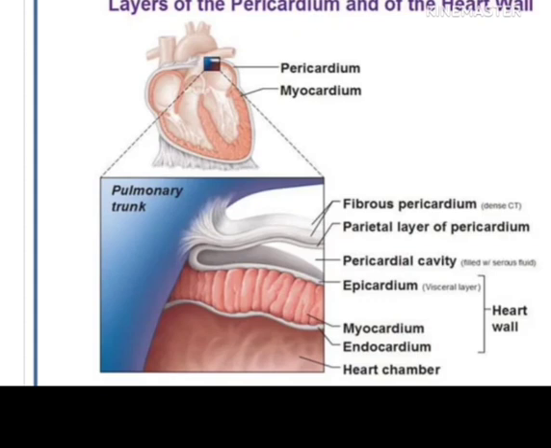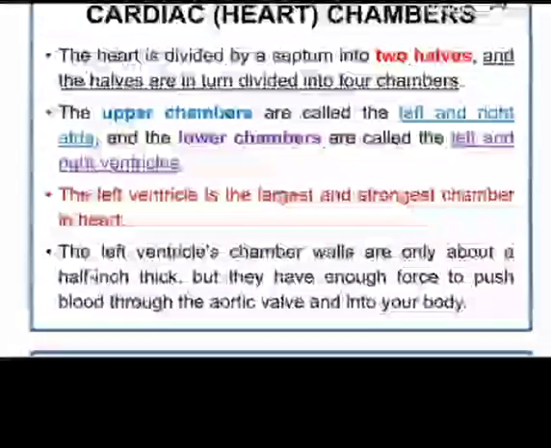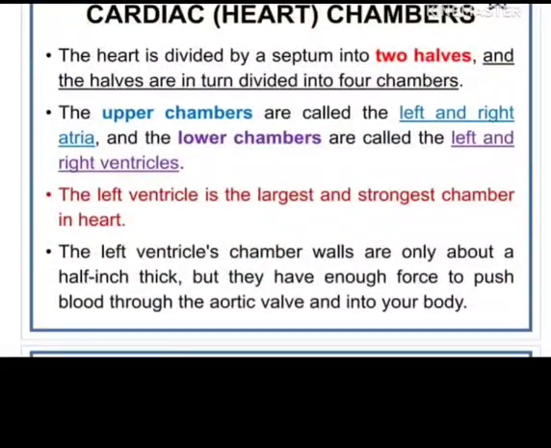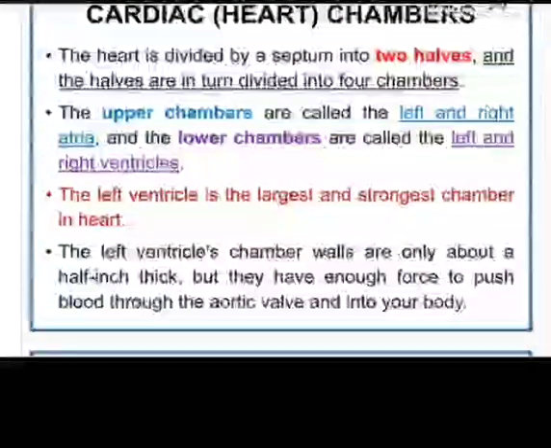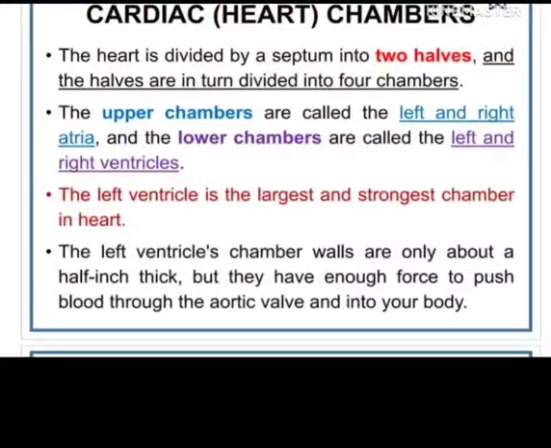Now we'll discuss the chambers. The heart is divided by the septum into two halves, and the halves are in turn divided into four chambers: the upper chambers, the left and right atria, and the lower chambers, the left and right ventricles. The left ventricle is the largest and strongest chamber in the heart.